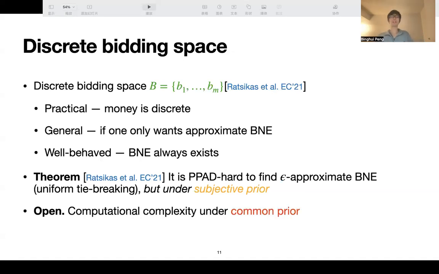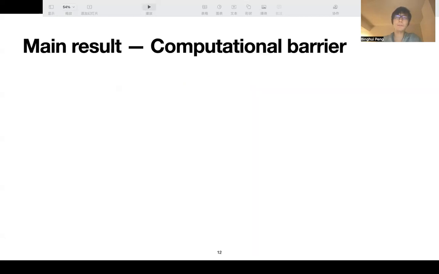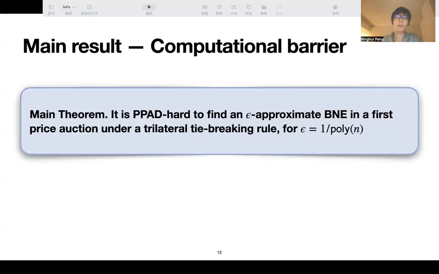So their work left open the problem of the computation complexity of Bayesian equilibrium for first price auction under the common prior. The main result of our paper is to provide a computational barrier for first price auction and make some progress on their open question.